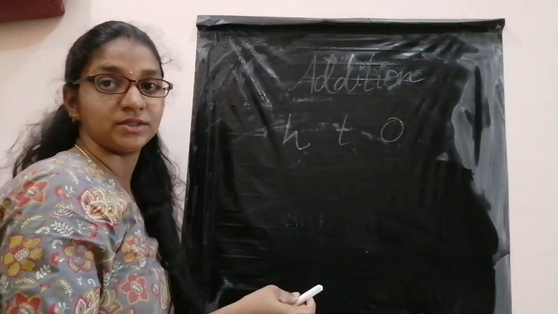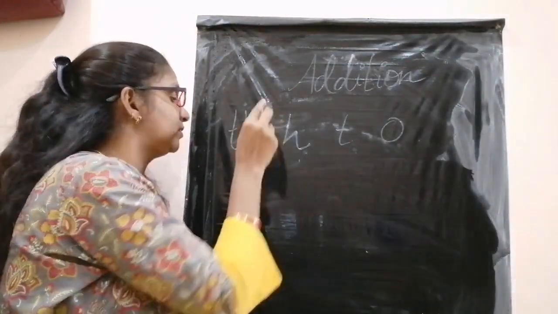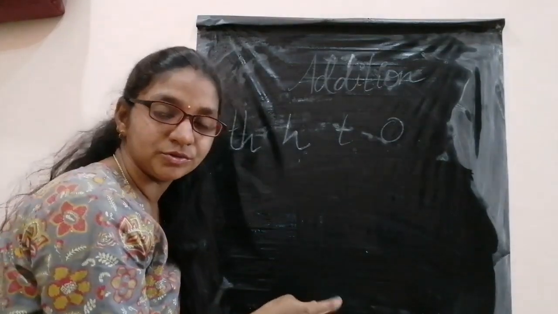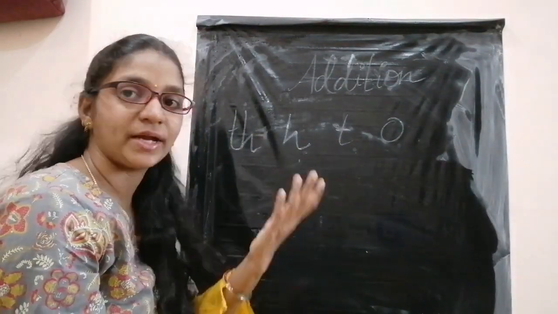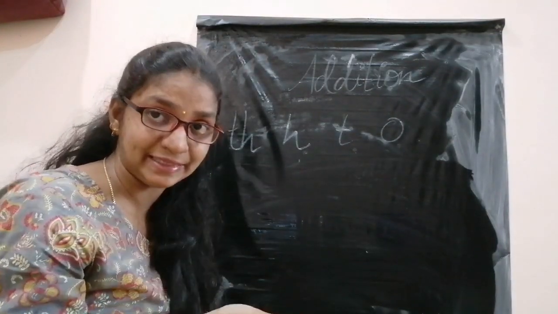For a 4-digit number, the place value chart is ones, tens, hundreds and thousands. Okay? And the same rule. If we want to sum up the numbers without carrying, we have to take numbers such that the sum of two numbers should not exceed 10.